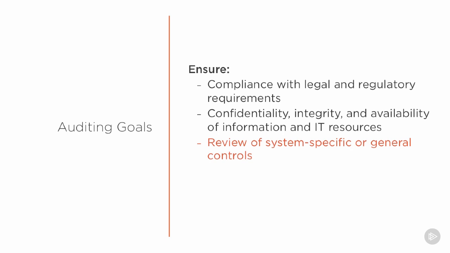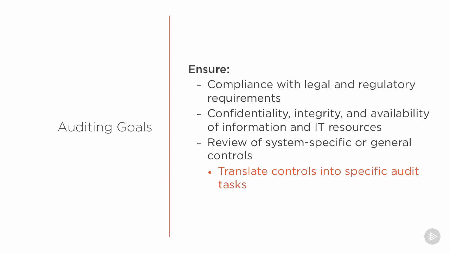We then will review both system-specific controls, the controls that were put in place for this system, as well as the general controls that apply across the entire organization. When we measure and want to audit those controls, we will translate the objective and purpose of that control into a specific audit activity.